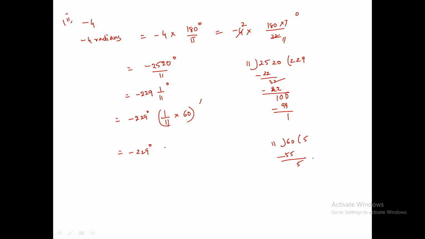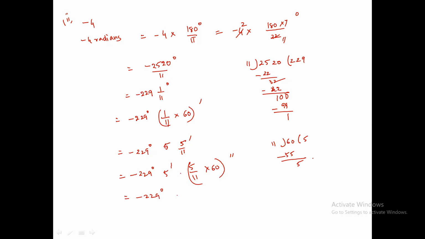So it changes to 5 by 11 minutes. Or minus 229 degrees, 5 minutes. 5 by 11 minutes you can multiply by 60 to convert it into seconds.